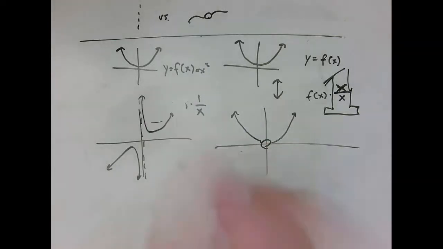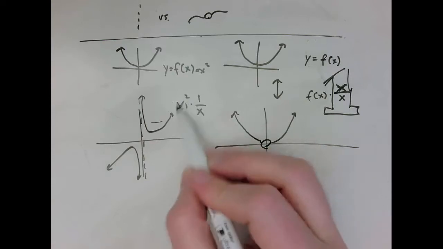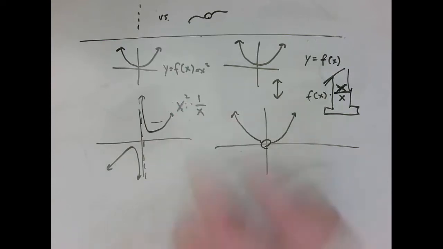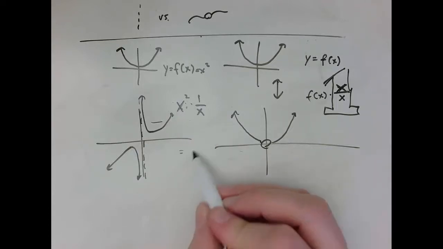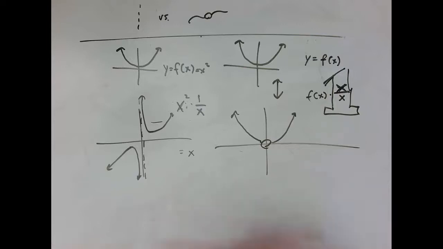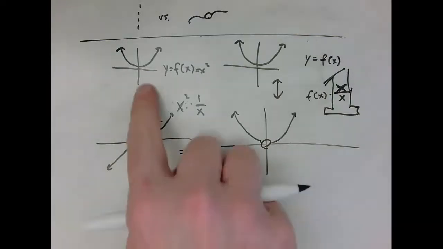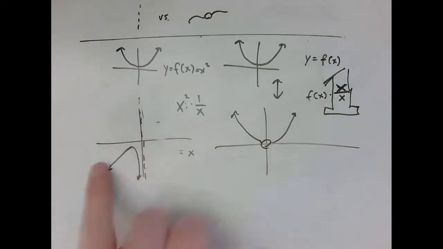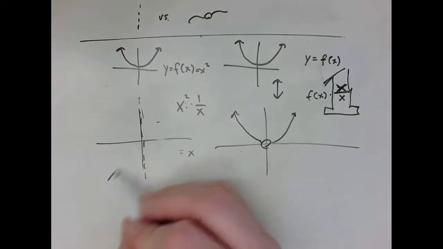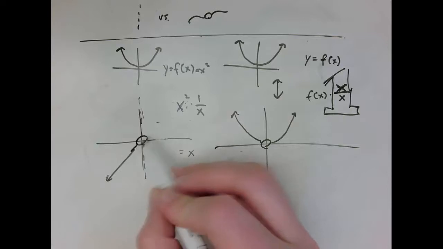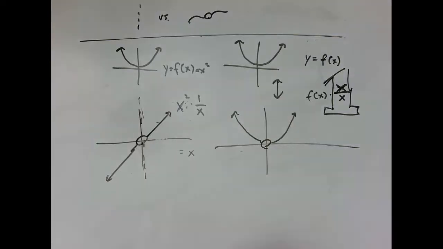I'd have x squared times 1 over x, and that actually would simplify. So like x squared divided by x, that simplifies just to be x, right? So actually this wouldn't produce a vertical asymptote at all in this case, because we would be able to simplify it. So this would actually be the line y equals x with another removable discontinuity there.